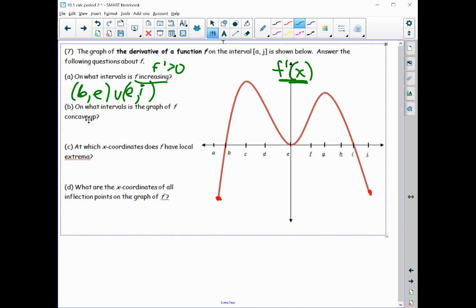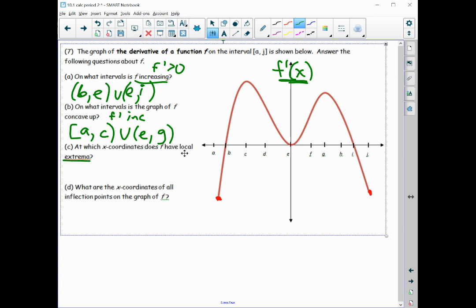On what intervals is the graph of F concave up? If F is concave up, F prime has to be increasing. So this is going to be from A to C, union E to G. At which x-coordinates does F have local extrema?